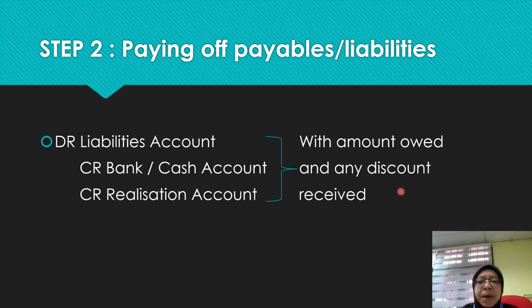Suppose we pay less than that amount; the difference represents our discount received. The amount of discount received will be credited in the realization account, and the amount recorded in the bank account will be our actual amount paid.